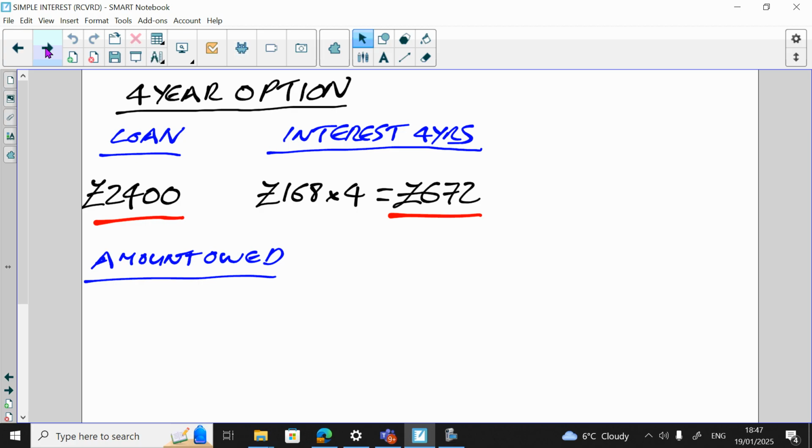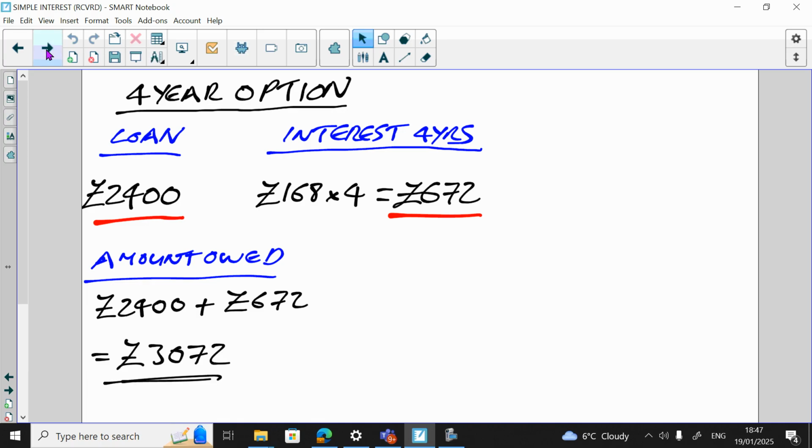So the amount owed here, what do you think it's going to be? What's the connection here, folks? Yep, just add those two together. Add them together, you get a big number, 3072. So for this 4-year option, that's what you owe in entirety. But you're paying it monthly.